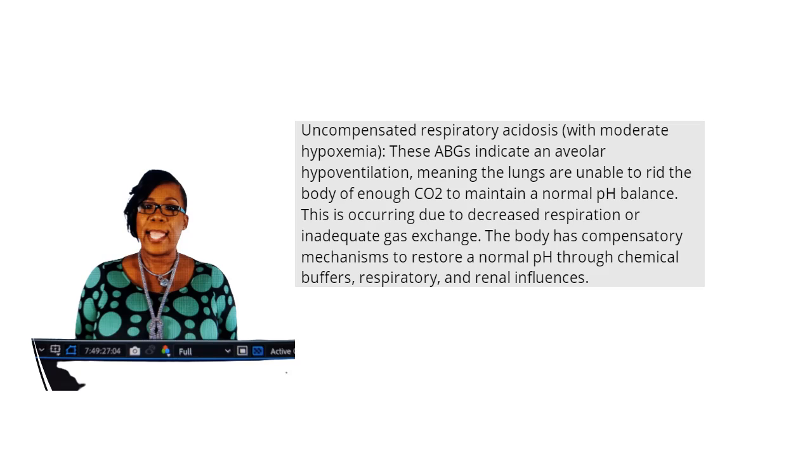This is occurring due to decreased respirations or inadequate gas exchange. The body has compensatory mechanisms. Remember, the body's always trying to maintain homeostasis to restore a normal pH through chemical buffers, respiratory, and renal influence. When we get to the renal system, we're going to talk about the renal influence in balancing the pH.